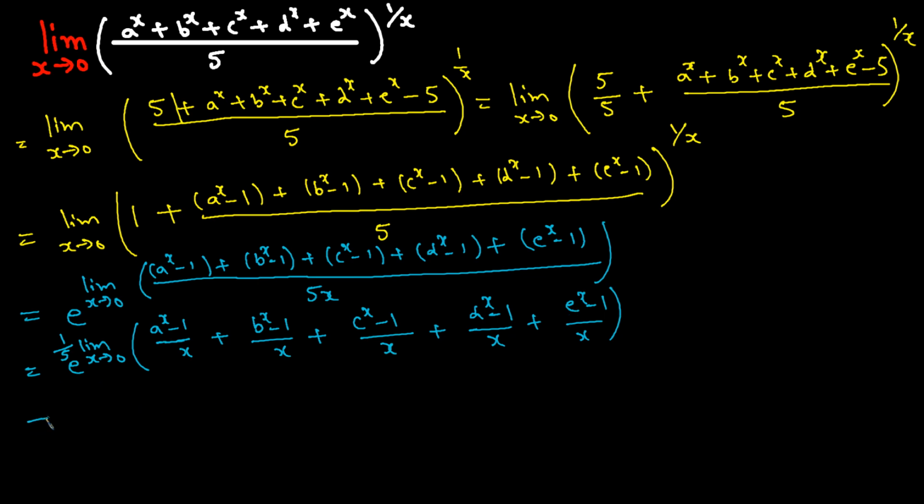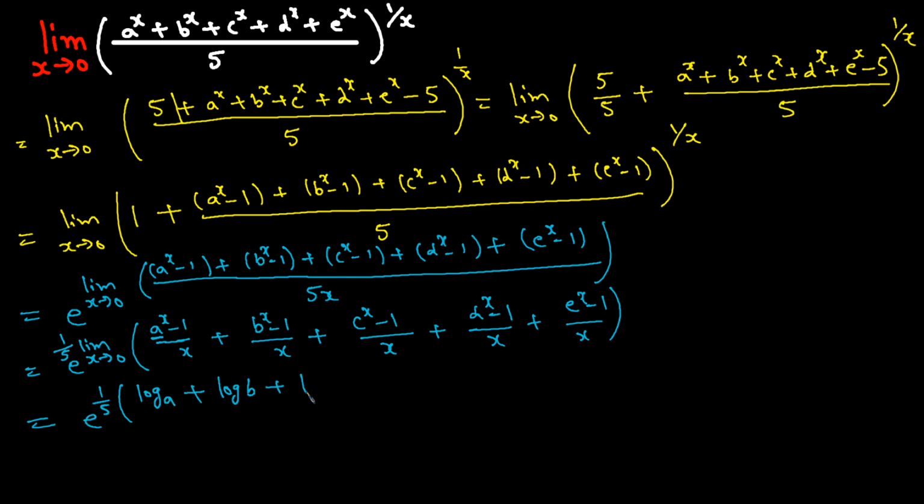And from the previous limit values, you remember the limit of a to x minus 1 over x is basically log of this letter. So that gives me e raised to power 1 over 5. So limit of this first function is log a, and this one is log b, not base a, just a.